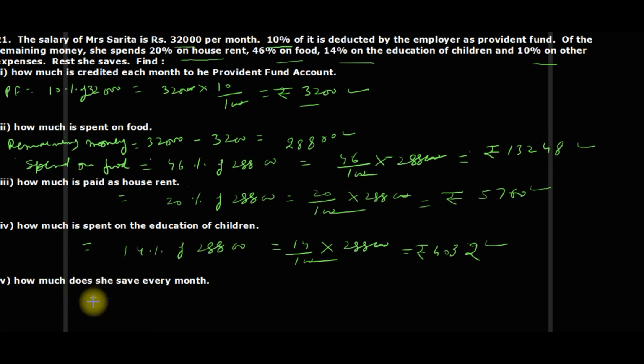Therefore this would be equal to 32,000 minus spent on PF 3200 minus spent on food 13248 minus spent on house rent 5760 minus spent on education 4032.